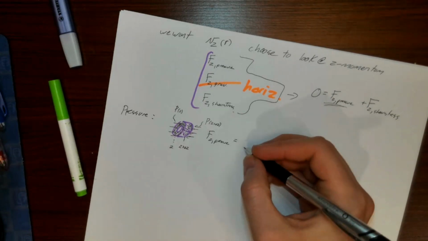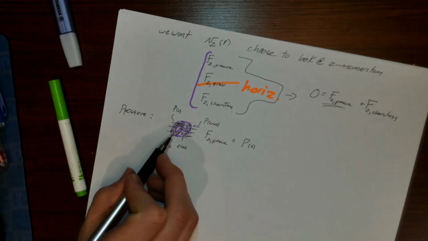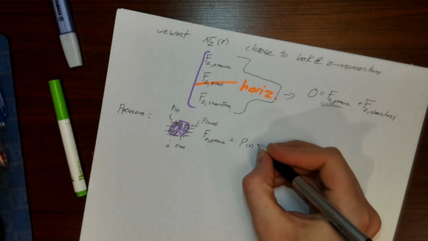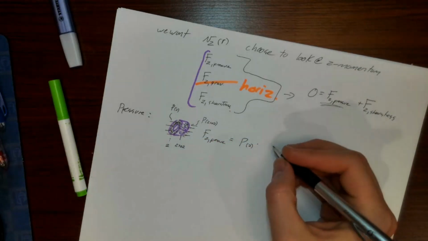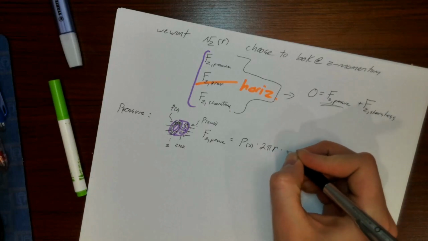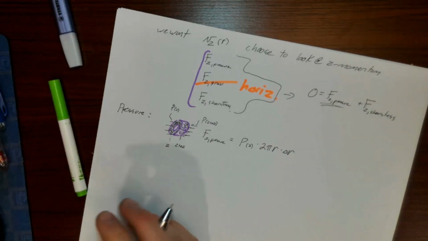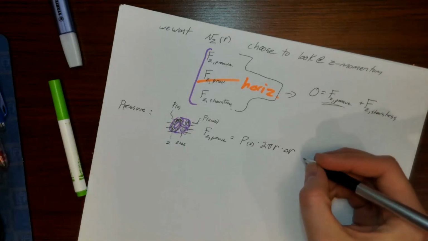So what does that look like? On the upstream face, the pressure at z pushes me in the positive z direction. So it's pressure at z times the area of this upstream face, which we already worked out was 2 pi r delta r. Imagine unwrapping this circular face into a rectangle.